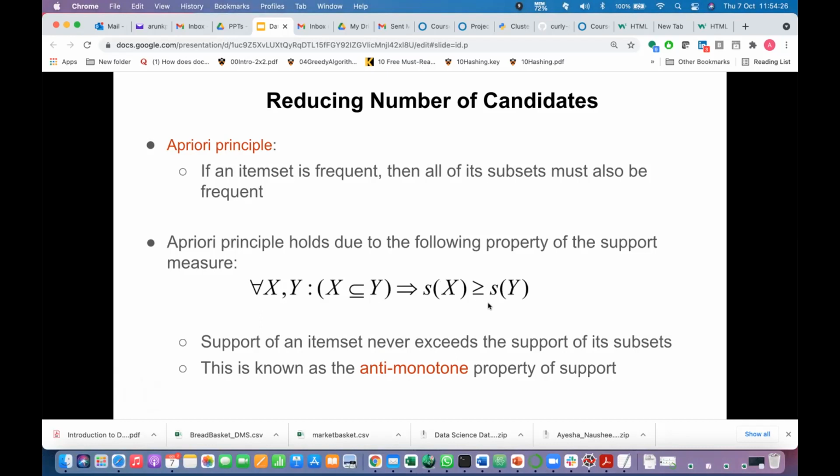When it is supporting 3 elements together itself, it will definitely support all 2-element subsets of those 3 elements. So support of a subset is always greater than or equal to support of the superset. Support of an item set never exceeds the support of its subsets. This is known as the anti-monotone property of support.